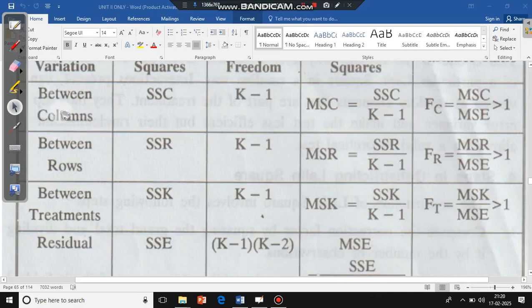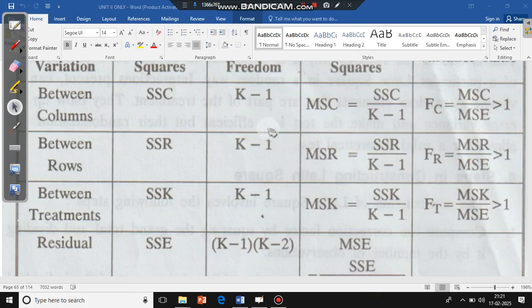So there are three variables we discuss: whether there is homogeneity between the columns, between the rows, or between the treatments. That's what we are interested in, and for that this three-way ANOVA table may be useful.